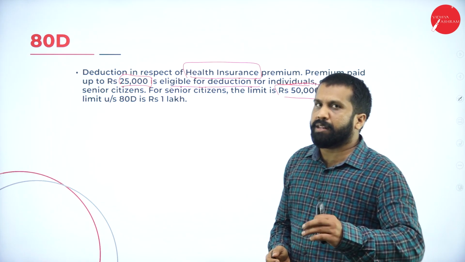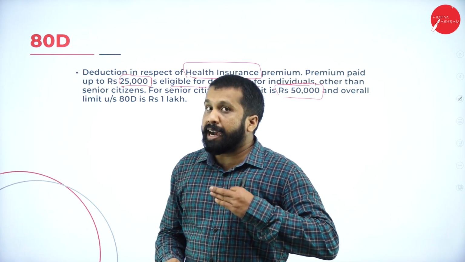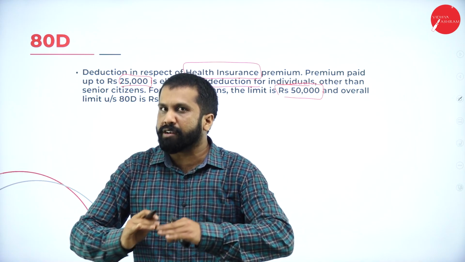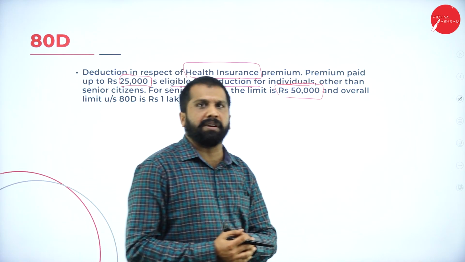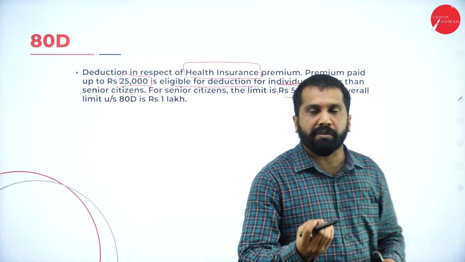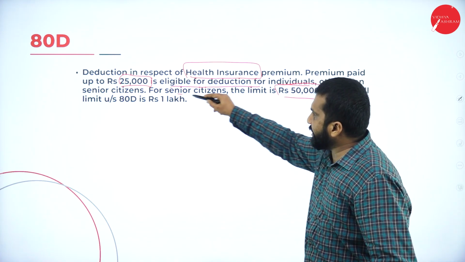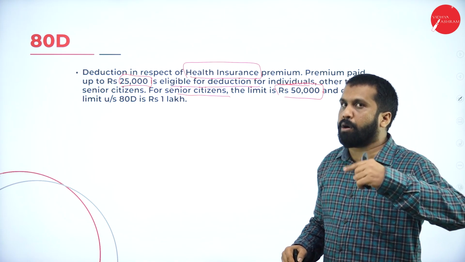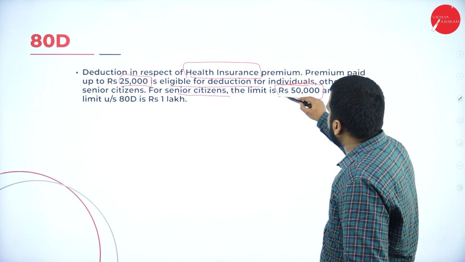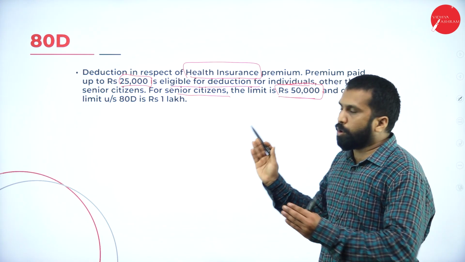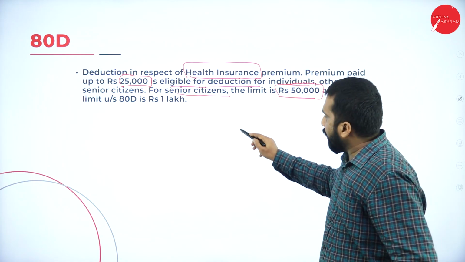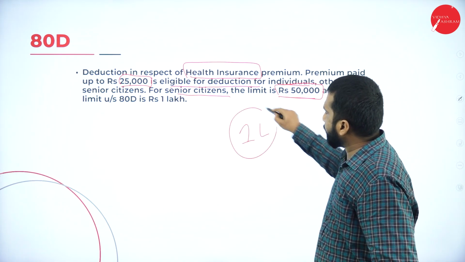For yourself, your wife and your kid, the maximum limit will be 25,000. But for senior citizens, your dad and mom, the maximum is 50,000. Overall, all put together, up to 1 lakh you can claim.